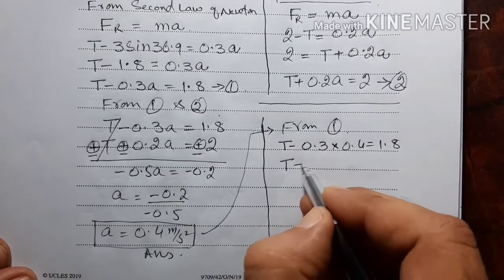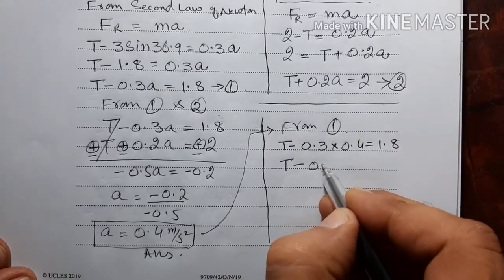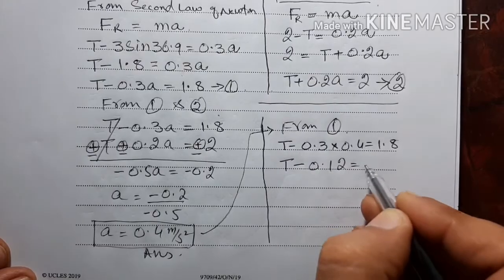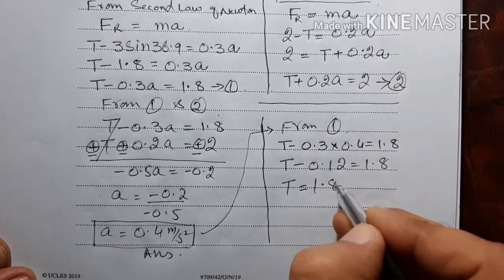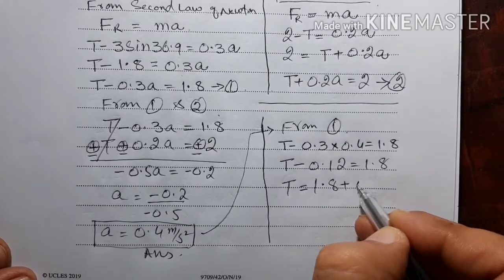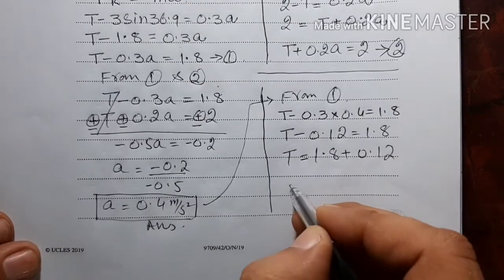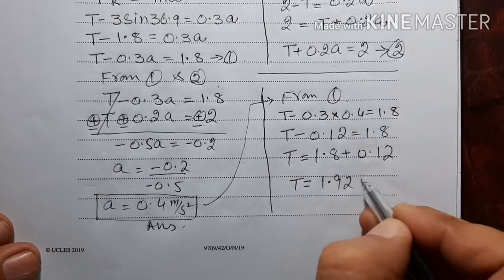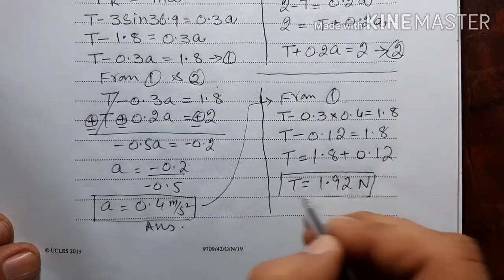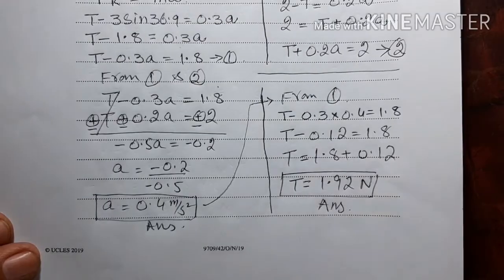So T minus 0.12 is equal to 1.8. So T is equal to 1.8 plus 0.12, which will be T is equal to 1.92 newtons. This is the tension in the string. This is our second term.